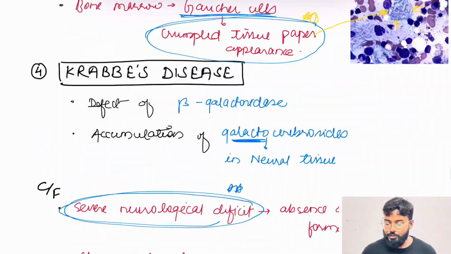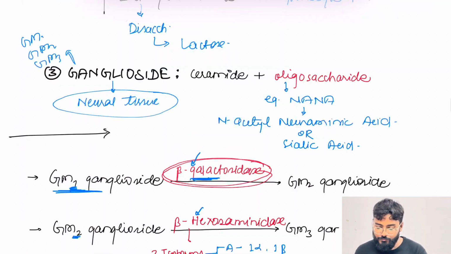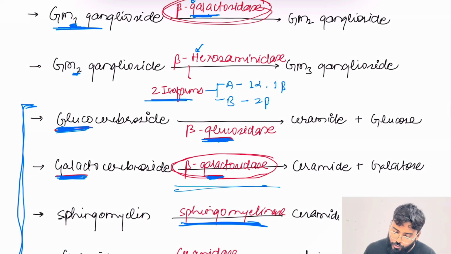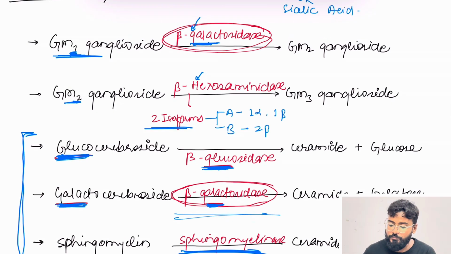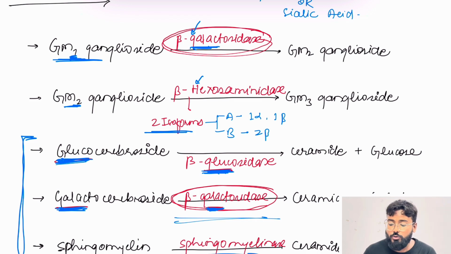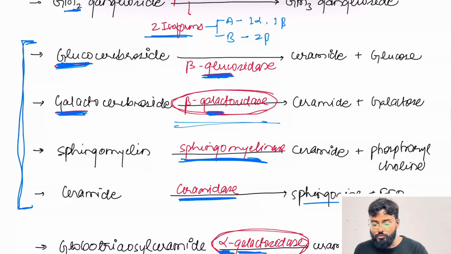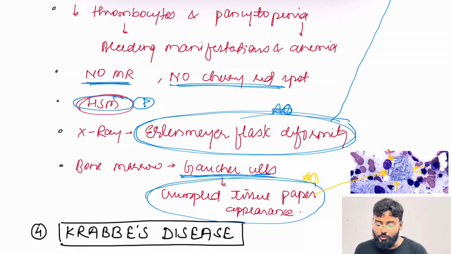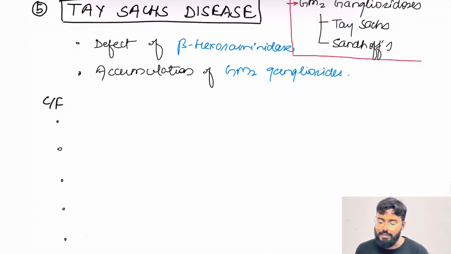So you see, for the GM2 gangliosides, the enzyme responsible is your beta hexosaminidase, which will break down GM2 into GM3, and beta galactosidase, which will break down GM1 into GM2. So the substrate that is going to get accumulated in case of Tay-Sachs is your GM2 gangliosides.